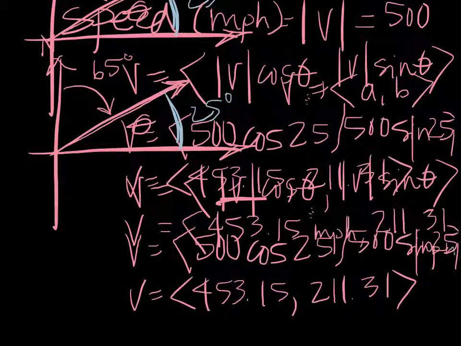When they ask you to do this in component form, that's really what they're doing. They want to know, if I was going straight east, I'd be going 453 miles per hour. If I'm going due north, I'd be going 211 miles per hour. But I'm actually going northeast, and this is how you split it up in component form.